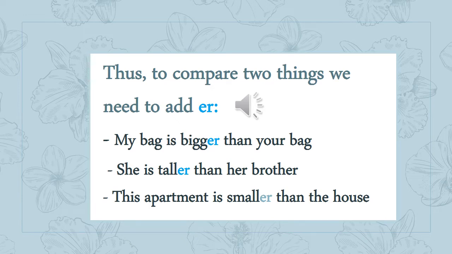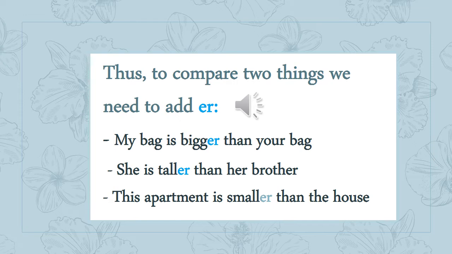So in order to compare two things, we said we're going to add ER to the adjective. حتى نقارن بين شيئين راح نضيف ER للصفة. So my bag is bigger than your bag. جنطتي أكبر من جنطتك. Bigger. Now we added ER to the adjective because we are comparing between two things.